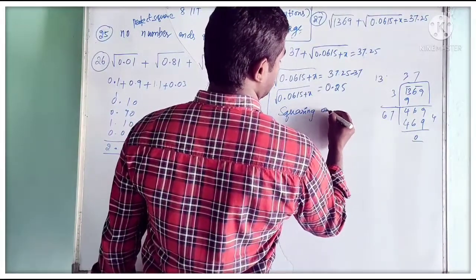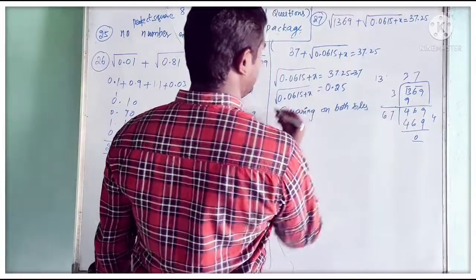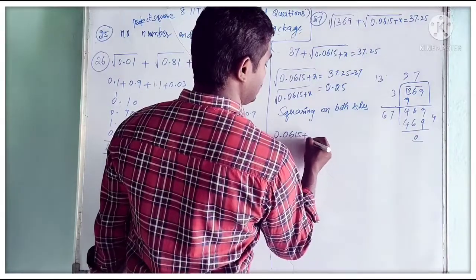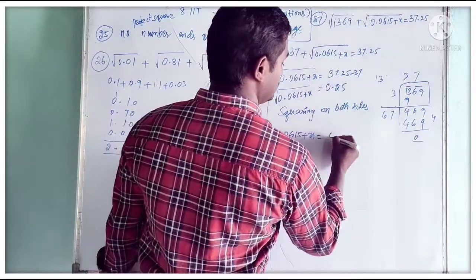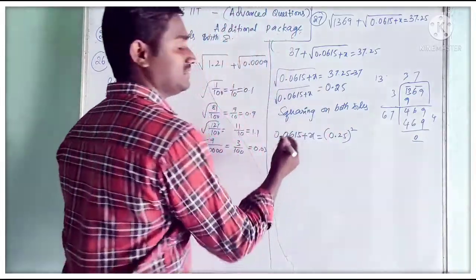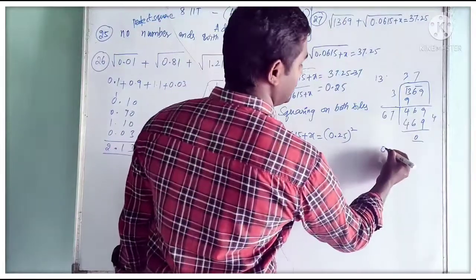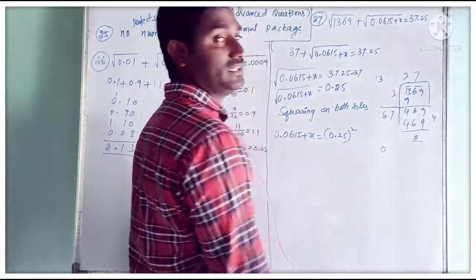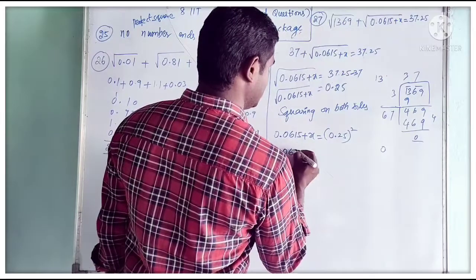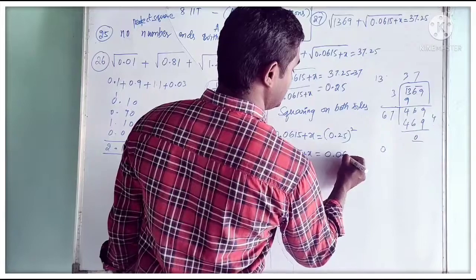Squaring on both sides, then it becomes 0.0615 plus x is equal to 0.25 whole square, so the square root is going to cancel. So 0.25 whole square is how much? Multiply, 0.0625. So 0.0615 plus x is equal to 0.0625.